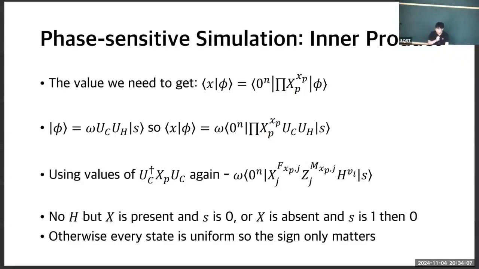So if we calculate here, like the 0^n and x_j, z_j, and h, if we have something that makes 1 from x_j, z_j, h, and s, then it will be multiplied with 0 at the left one. Then it just makes the total inner product 0. And if not, then it must be checked through all of the qubits.